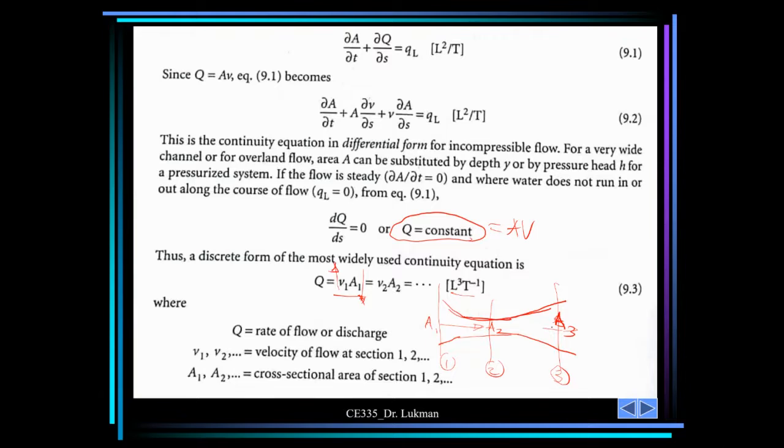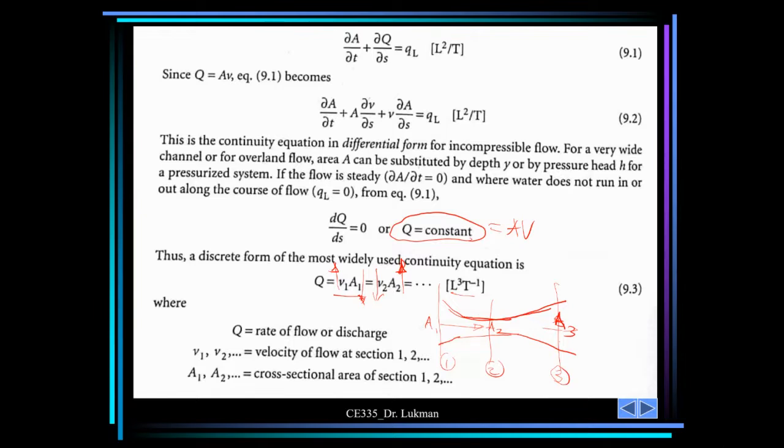And then at this end, when you have enlargement, or an increase in the cross-sectional area of flow, it means the area increases. And when the area increases, to maintain the same discharge, the velocity has to reduce. So the flow is decelerated in this case.